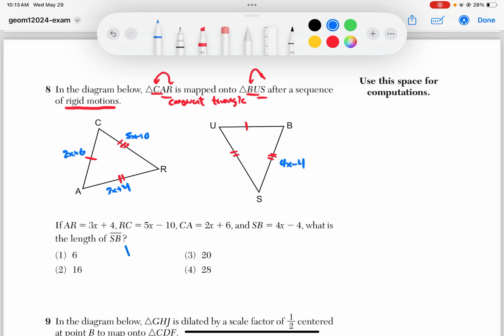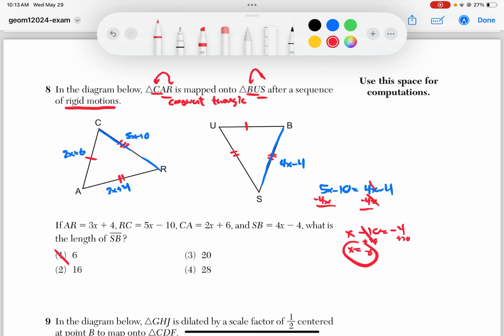Well, what's it congruent to? We've established it's congruent to CR. So I know that 5x minus 10 is equal to 4x minus 4. And that is just some algebra that I will do now. X equals 6.